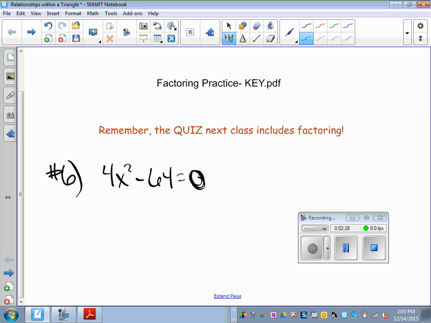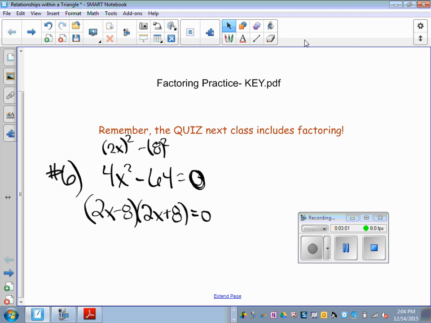The instructions say to solve, as well as the fact that we have an equal sign, so my answer should be x equals. Okay, so here we just have x squared. You can factor this. It's a difference of squares. So you could factor this, because it's 2x squared and 8 squared, into 2x minus 8 times 2x plus 8.